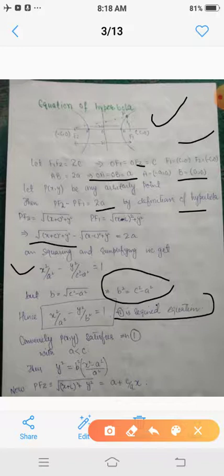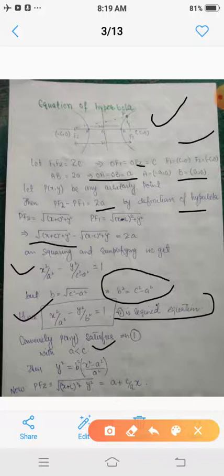Now conversely, let's assume that any point P(x, y) satisfies this equation which we obtained when P lies on this hyperbola, that is x square upon a square minus y square upon b square equals 1 with a less than c.